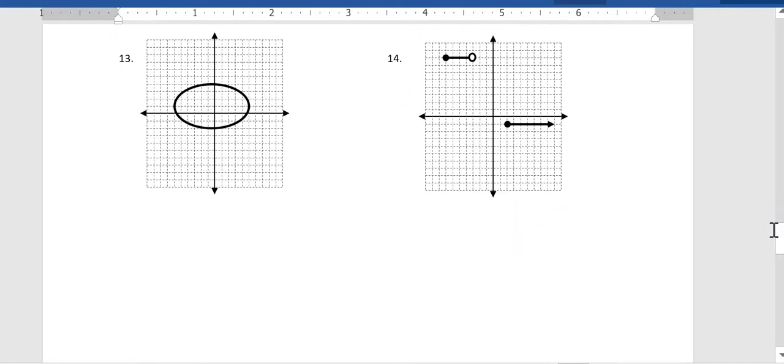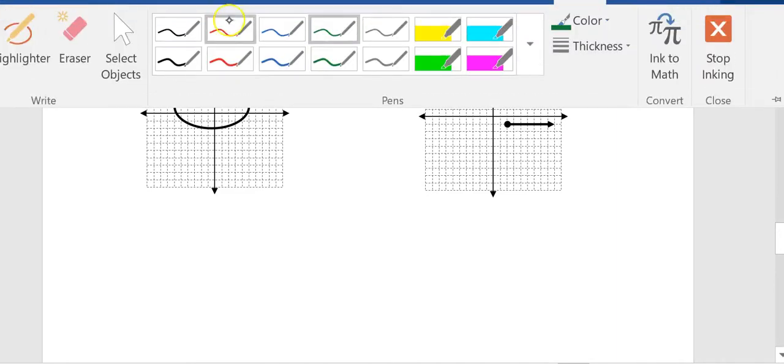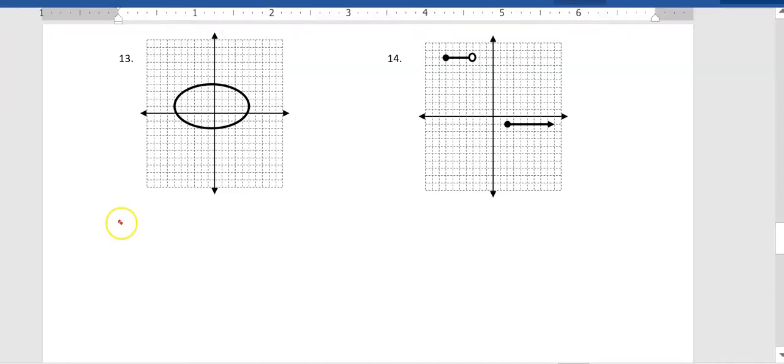Let's take a look at the oval. The oval is actually the nice one. So domain has to do with the x values, and we ask ourselves how far left does our oval go. Okay, the furthest left-hand point is right about there. What is the x value of that point?